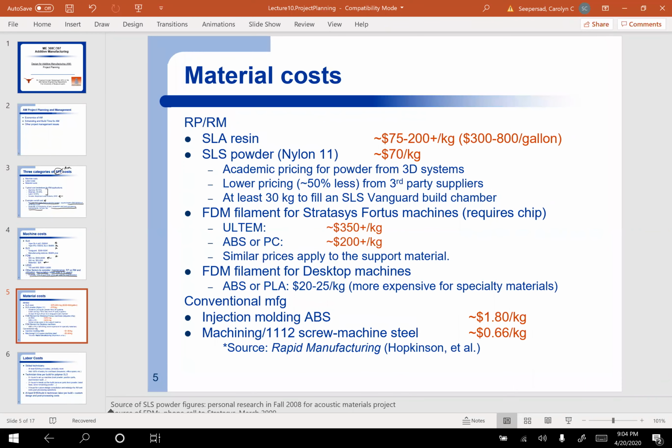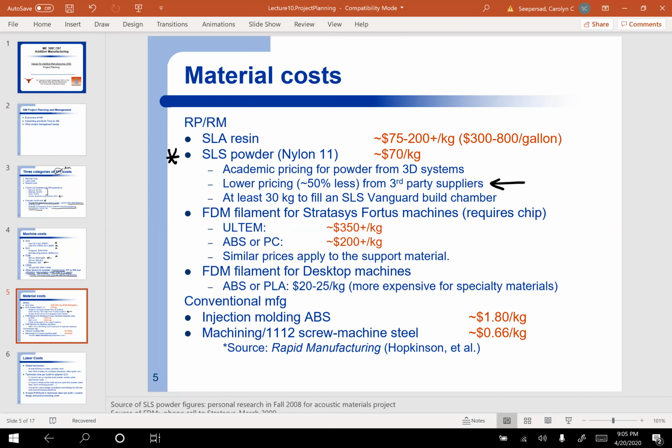And so here you can see for SLS powder, which we're mostly focusing on here, nylon 11, 3D Systems academic pricing for that is going to be maybe $70 per kilogram. You can get lower pricing, about half that or so, from third-party suppliers. So that would knock it down to about $30, $35 per kilogram.